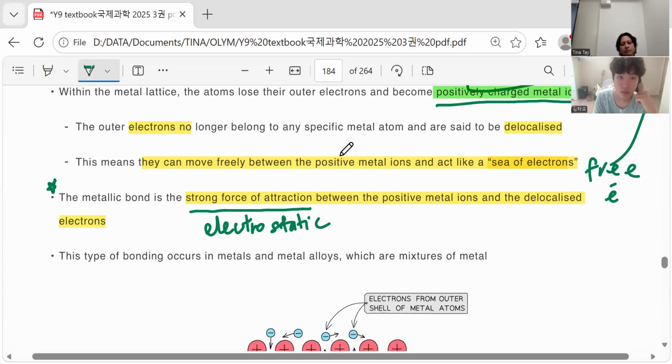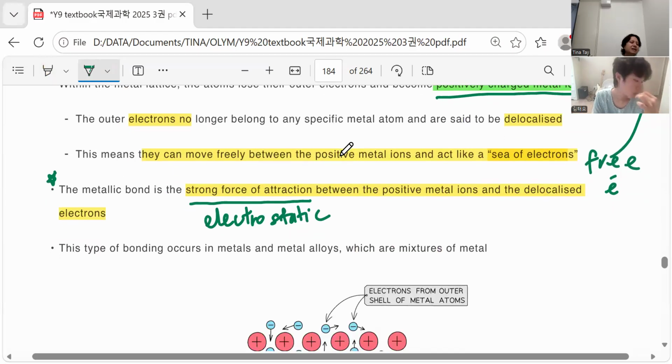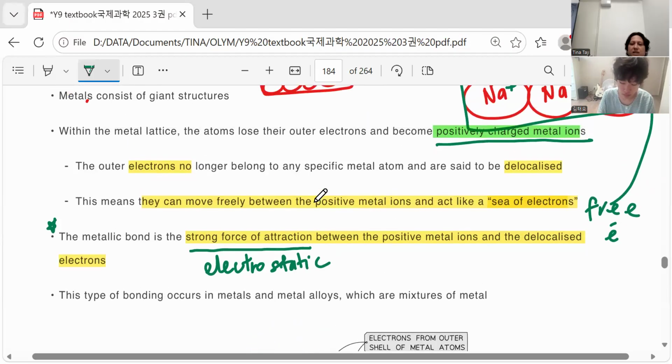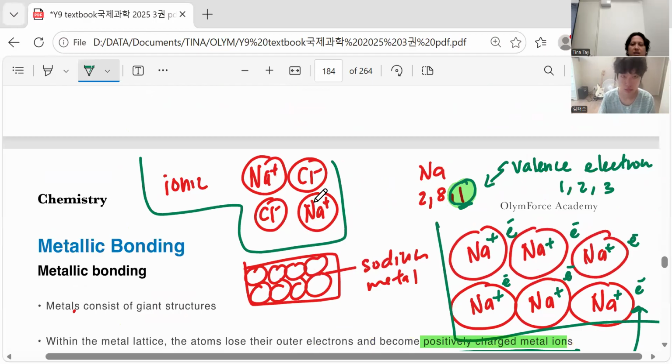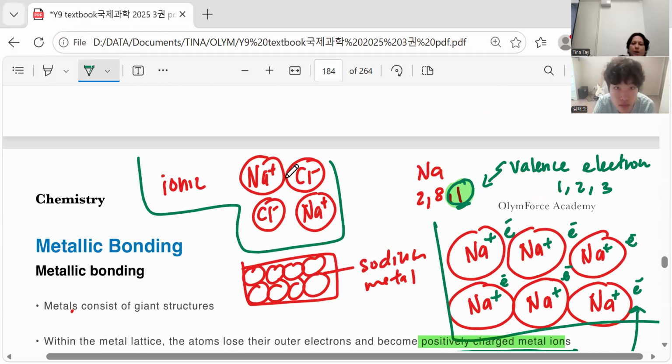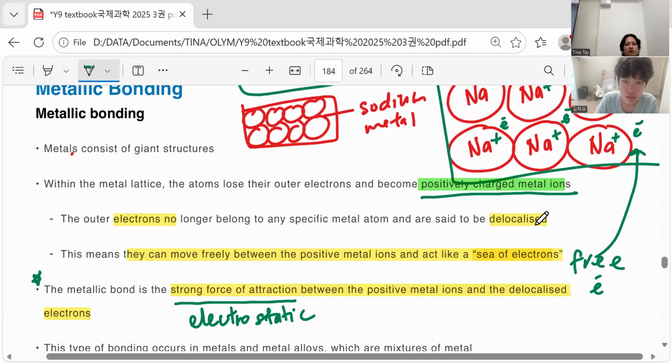For the ionic bond, I hope you remember, what is the name of the attractive forces? It's also electrostatic, but it's between positive and negative ions. This one is between positive ions and negative electrons, so it's different.